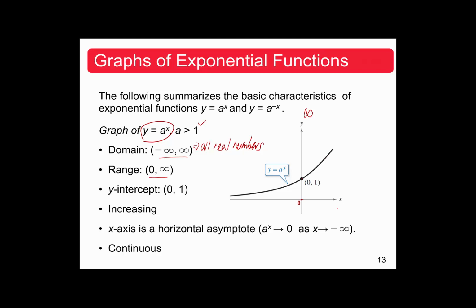And from left to right, the graph is increasing. As you can see, it's going upward, right? And the x-axis is what we call a horizontal asymptote, meaning when x approaches negative infinity, a to the x approaches 0.